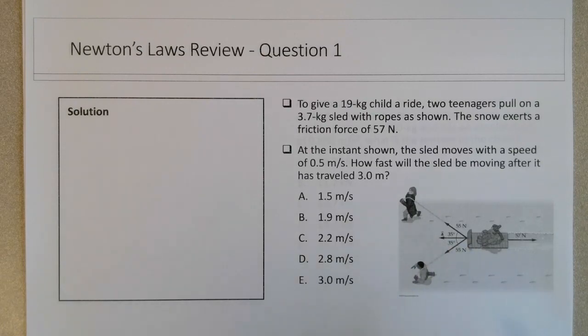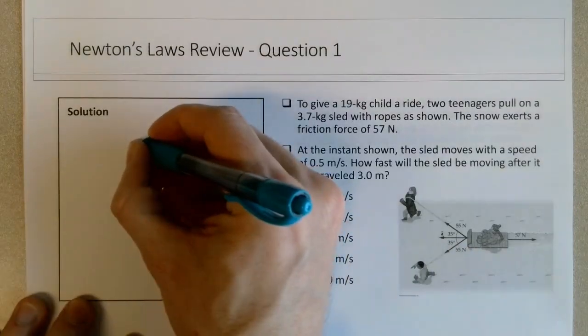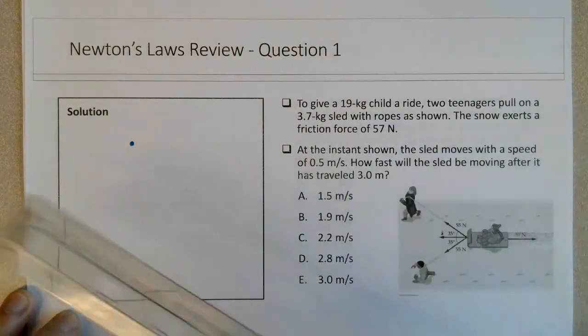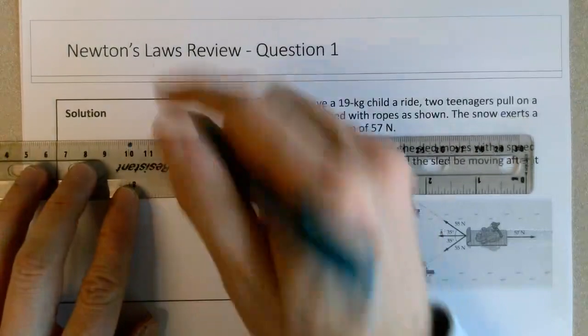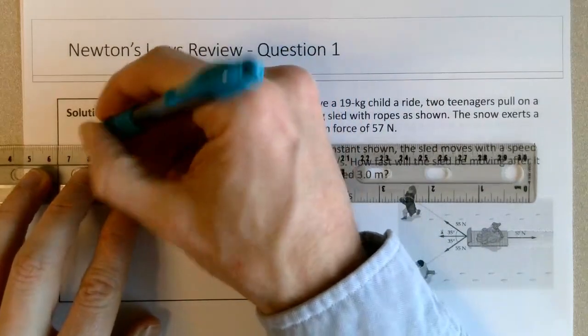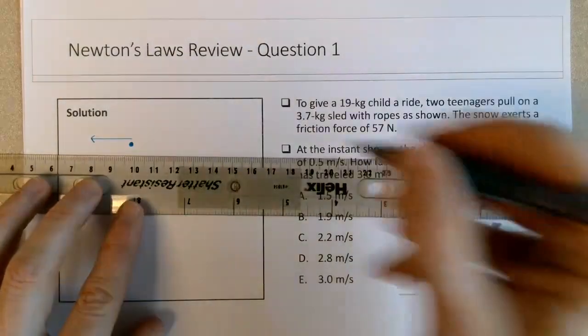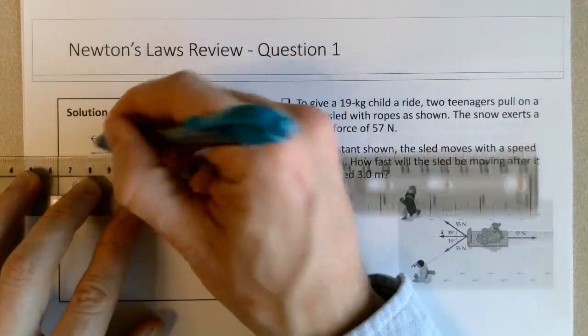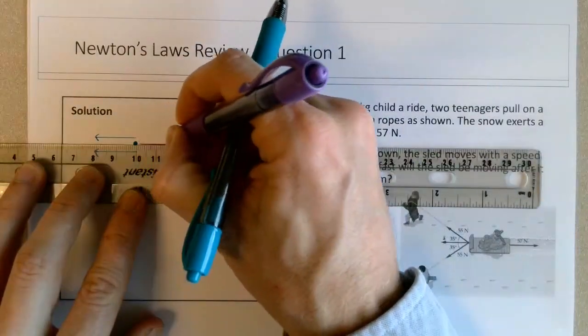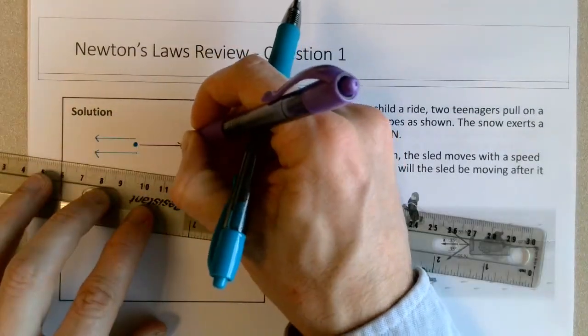So if we think about a free body diagram for the child, we could think of having two forces that are equivalent to 55 newtons times the cosine of that 35 degrees pointing in this direction, and then a friction force. There's a friction force here of 57 newtons.